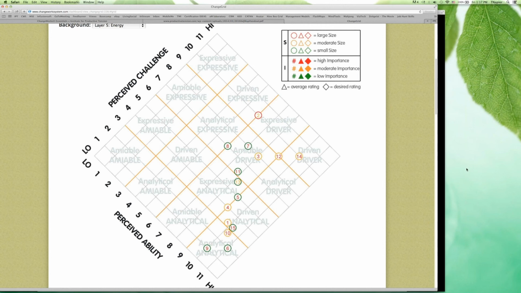You're all in agreement: the analytical energy. That should be the primary energy, because if the task is all about accuracy, no one's going to be more accurate than an analytical. The analytical knows the information. They've got a very high level of ability and they don't see it as all that challenging. They know their stuff and they know that they know their stuff.